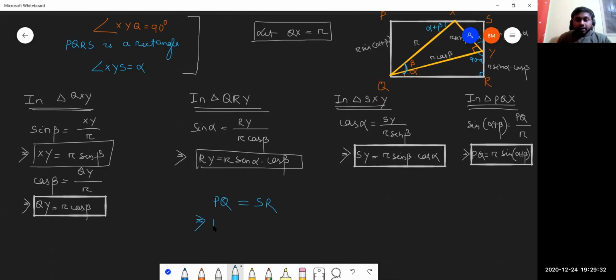So in place of PQ, I will keep it as it is. And in place of SR, as you can see, there are two partitions, so I will write SY plus YR.